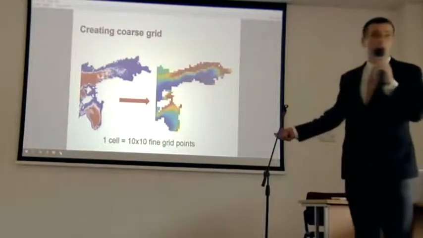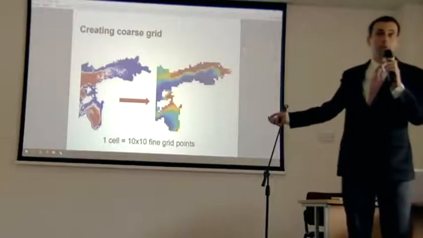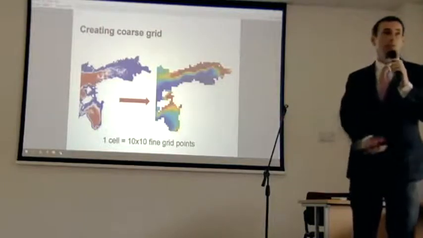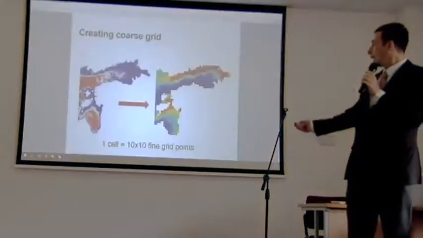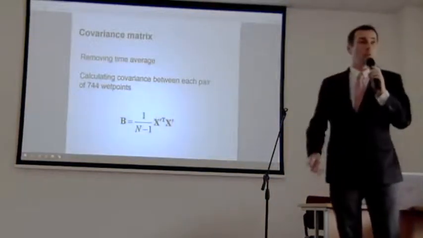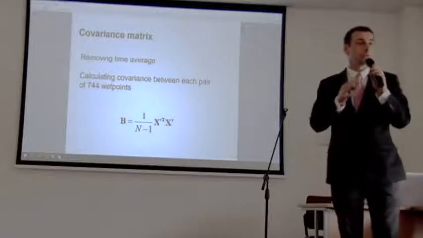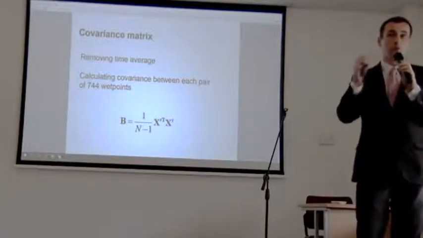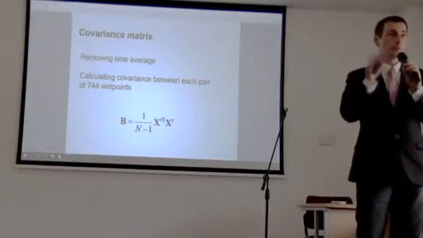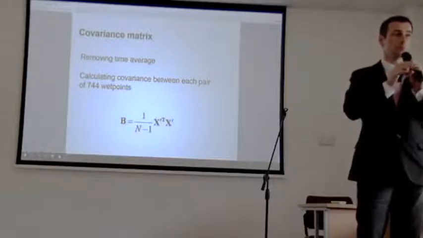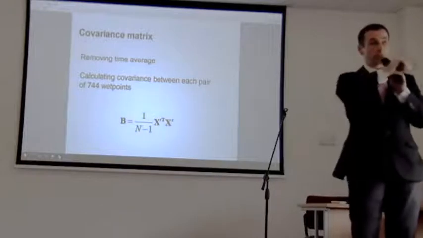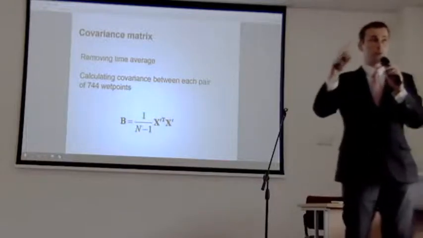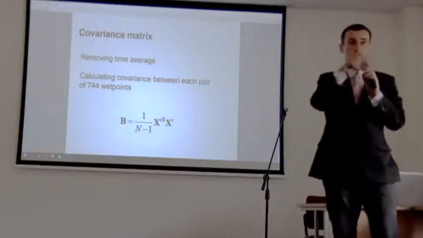So instead of 200,000 points, we get only 744. Then we have taken the covariance matrix for each pair of the cells. So this is a historic time series for 5 years of each 2 cells.